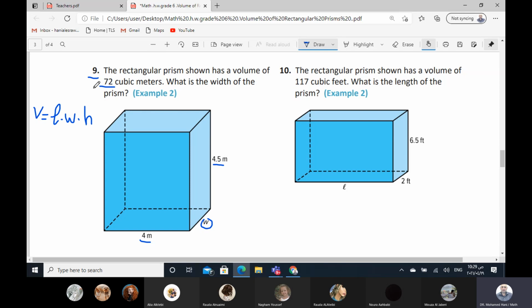Substitution now: the volume will be 72 equals the length, which will be 4, times the width here, the missing value, represented by variable W, times the height, which will be 4.5.